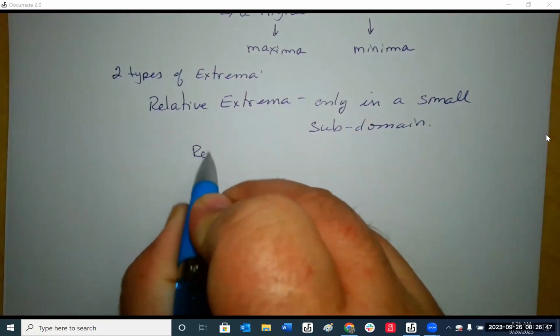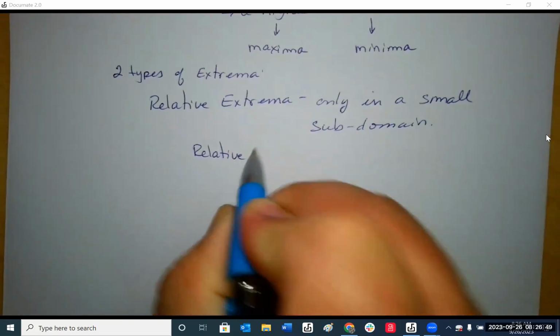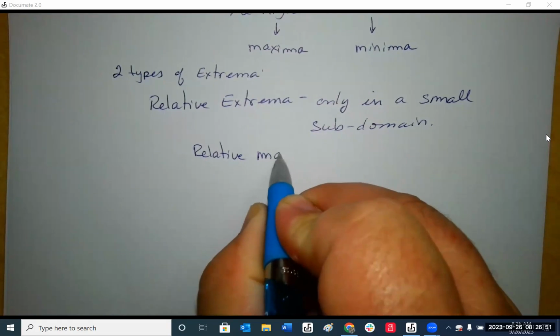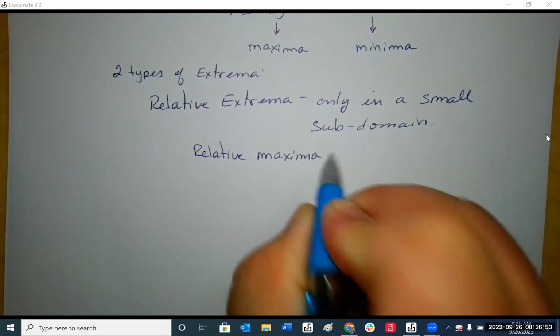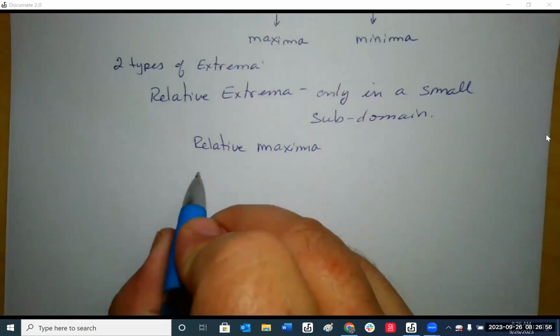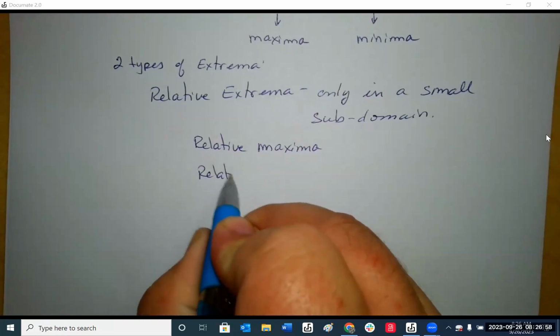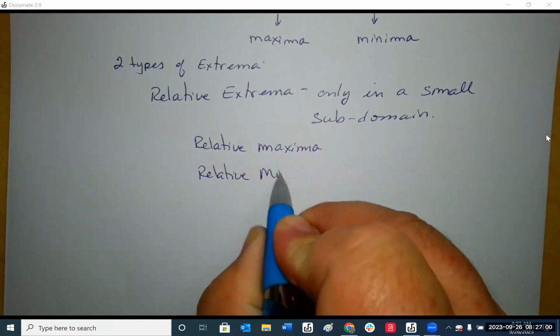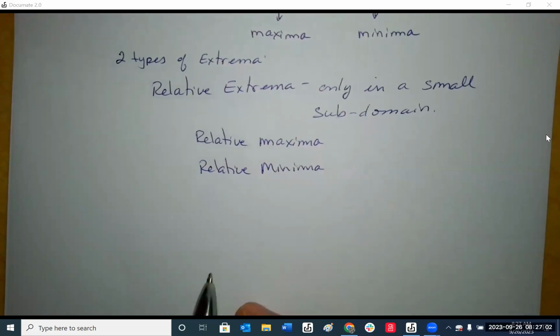We have the relative maxima and the relative minima.